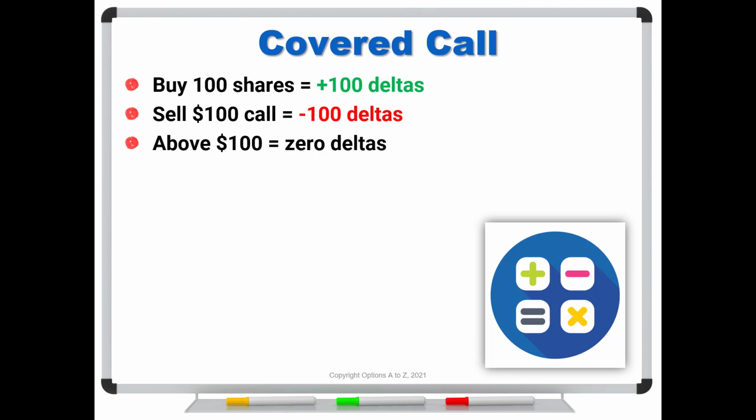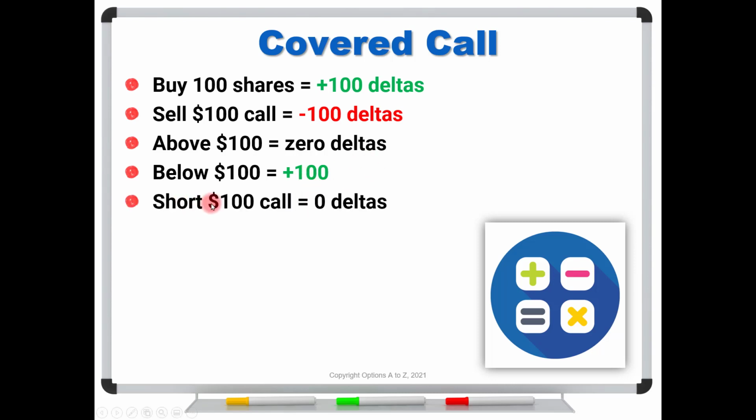Now, what about below? If the stock falls below the 100 strike, I still have 100 deltas from my shares. It doesn't matter how far the stock goes, even all the way down to 0, you still have 100 deltas. But for the call option, you end up with 0 below 100. So if that stock price falls below the 100 strike, you're going to have a net 100 deltas. Just by using this net contract exposure, I can tell that below 100, or whatever the strike is, I'm going to have 100 deltas, and above I will have 0.